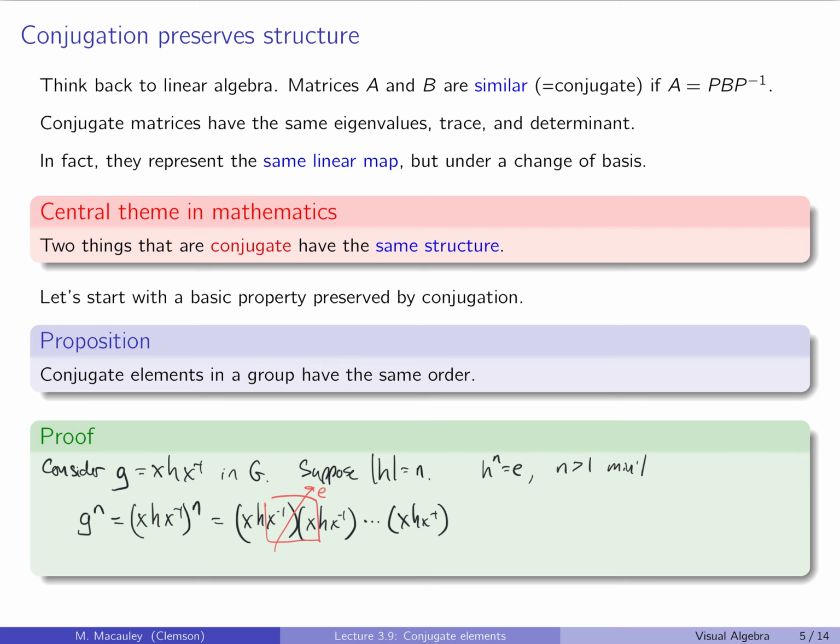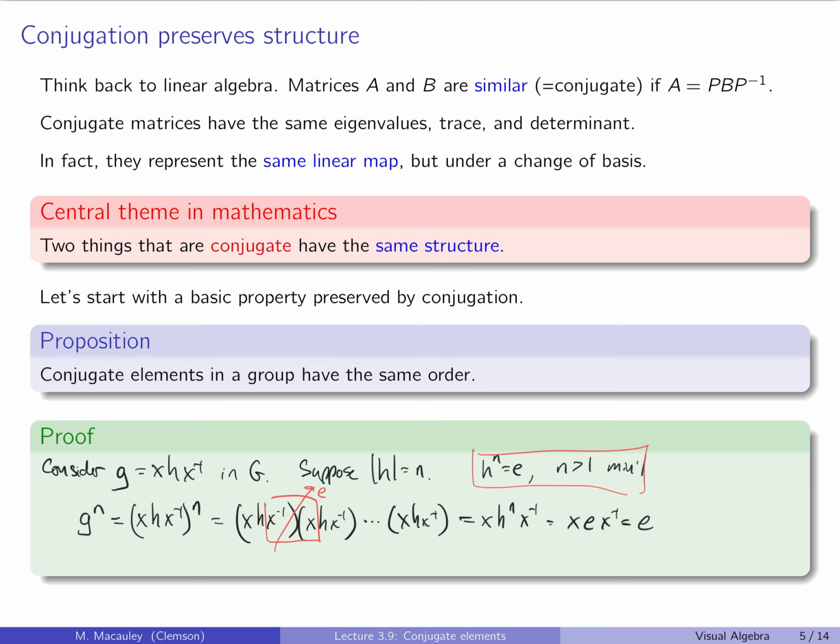So these all cancel, and we get h times h. So we get, at the end of the day, x h to the n x inverse. And with the assumption that h has order n, that means that this is x e x inverse, which is just equal to the identity.